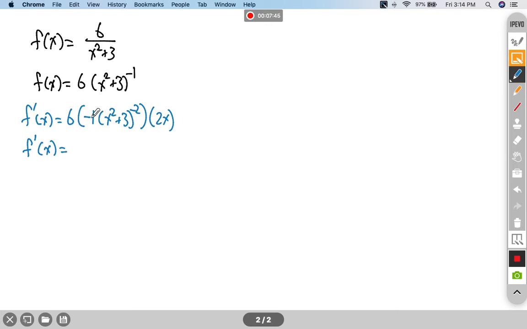So we get 6 times negative 1 times 2, so we get negative 12x times (x squared plus 3) to the negative 2, or negative 12x over (x squared plus 3) quantity squared.